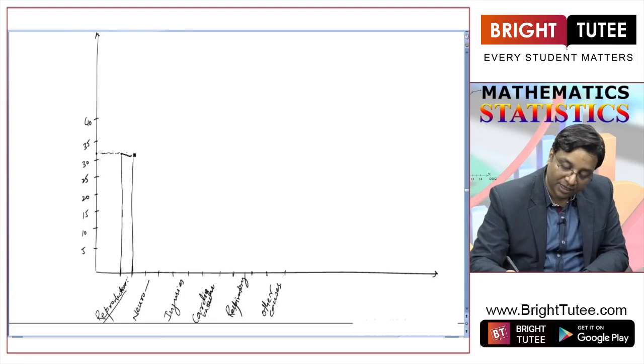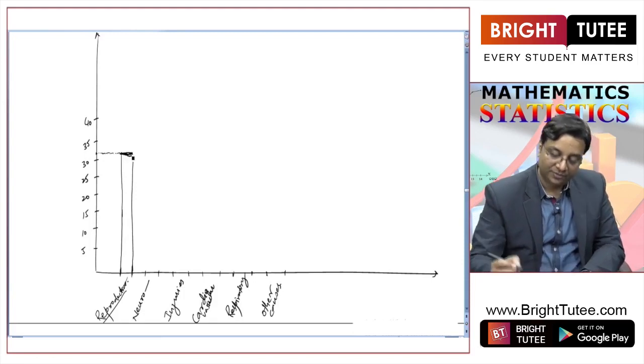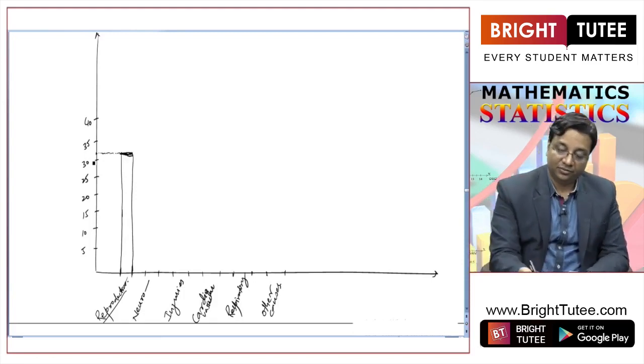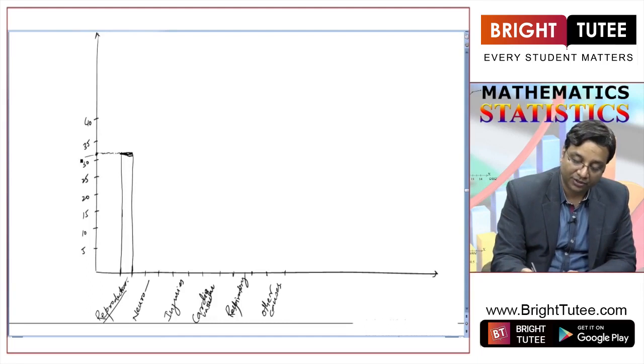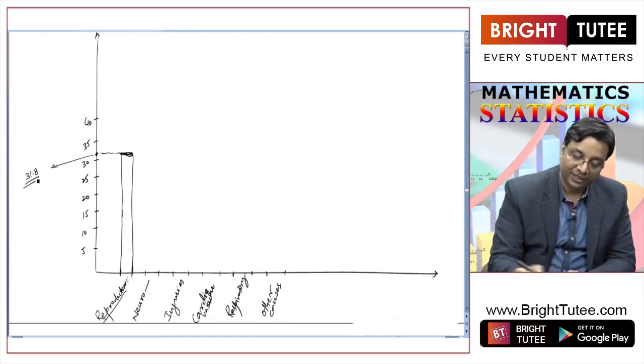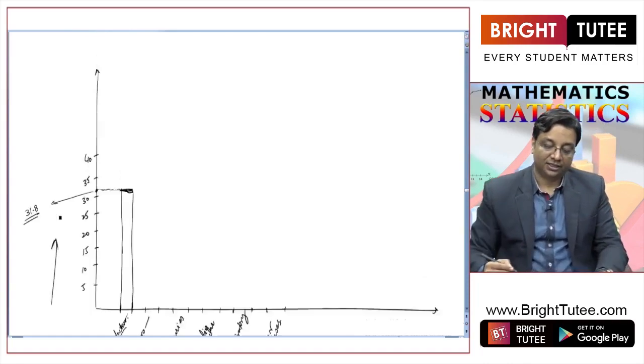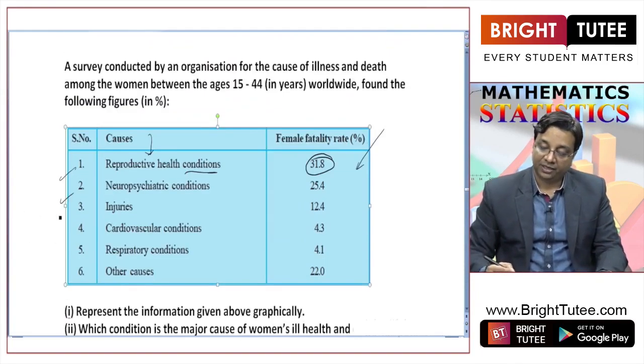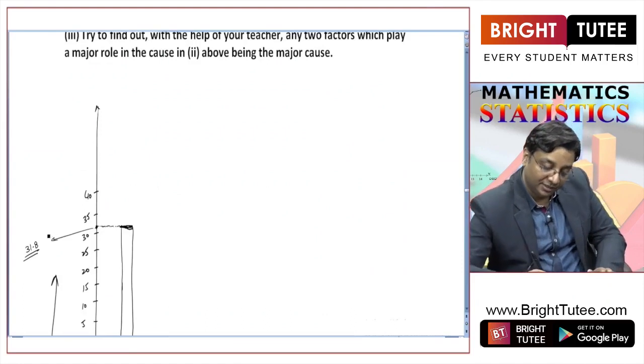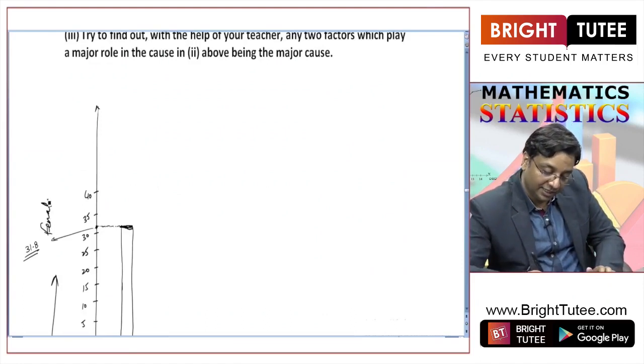Right, so this is the bar which represents reproductive health conditions, and obviously this point here on the vertical axis corresponds to 31.8, and this vertical axis represents female fatality rate in percentages. So you write it here.